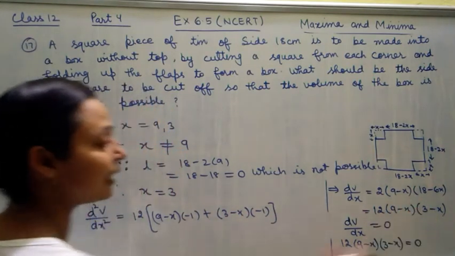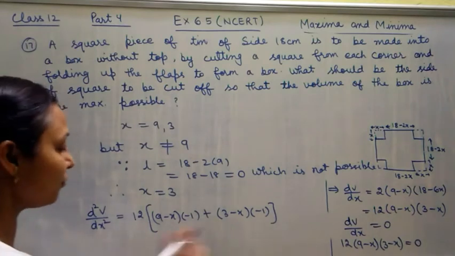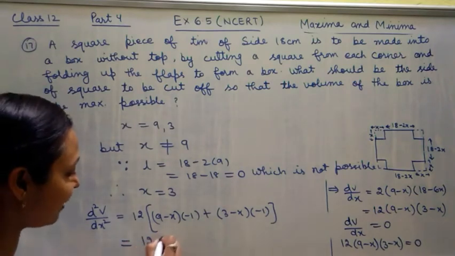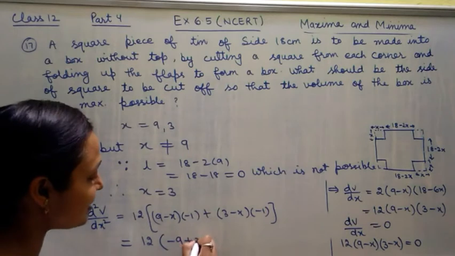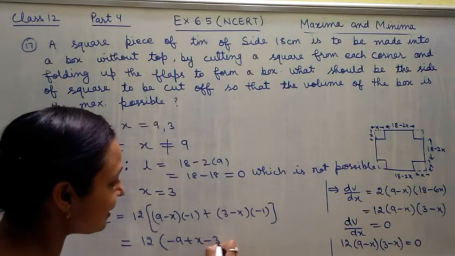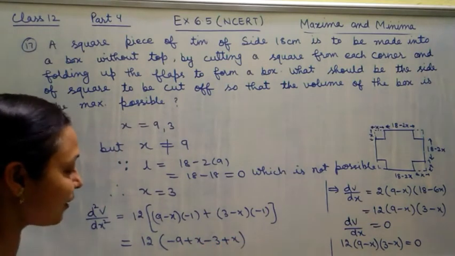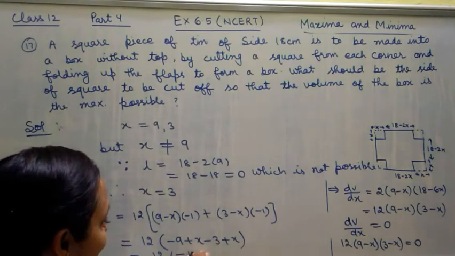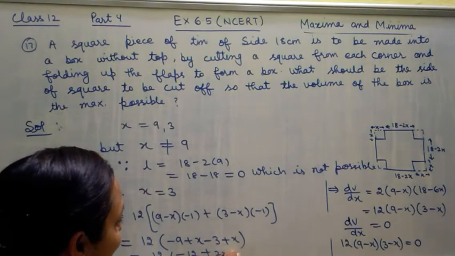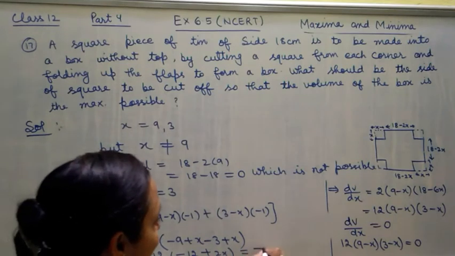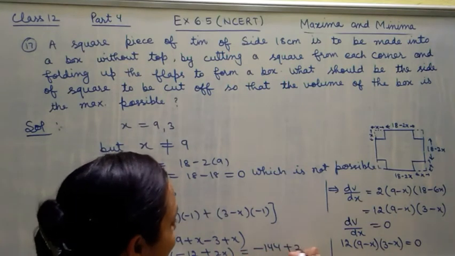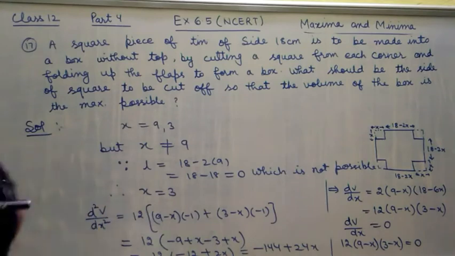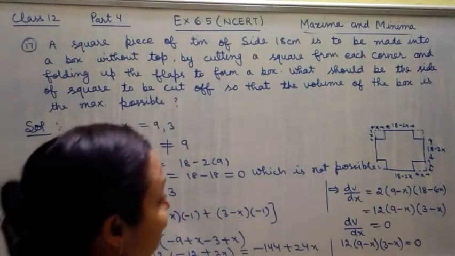So we will use u into v for doing that second derivative. 12 times (minus 9 plus x minus 3 plus x). So this will equal 12 times (minus 12 plus 2x). So I will multiply it: minus 144 plus 24x. So I will put the value of x, that is 3.